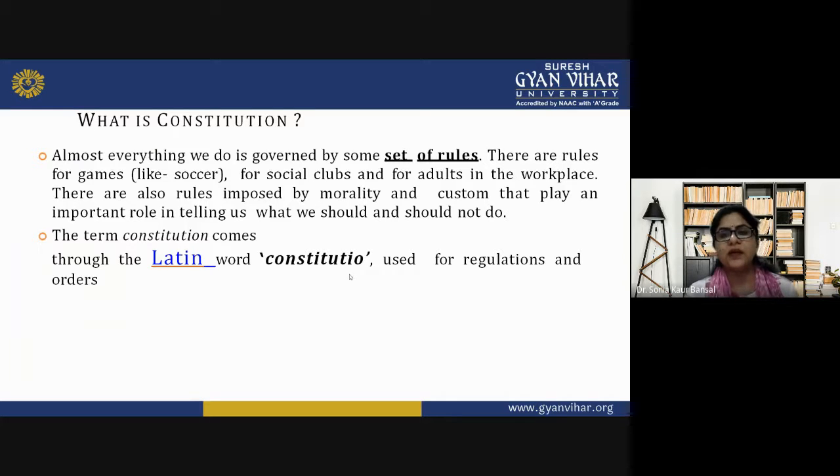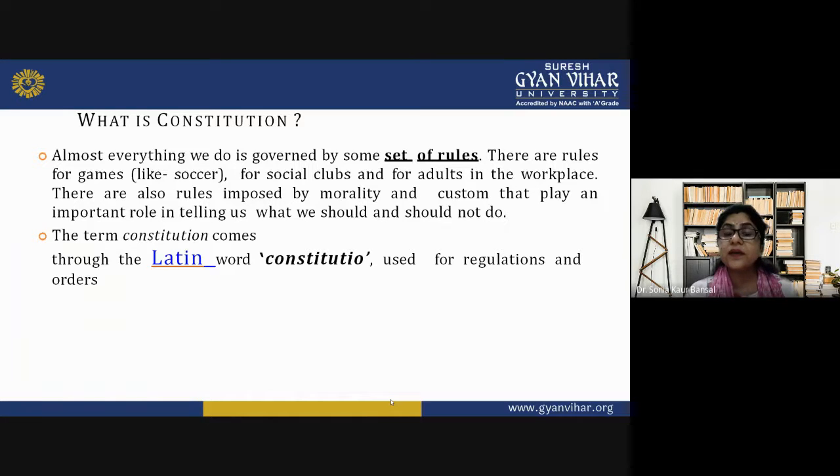Whatever we do in our country, we have some set of rules. And there are rules for games also, like soccer, for social clubs, for adults, in the workplace. There are also rules imposed by morality and customs that play an important role in telling us what we should do and what we should not do.